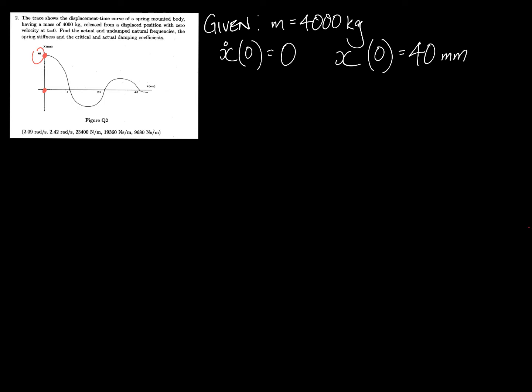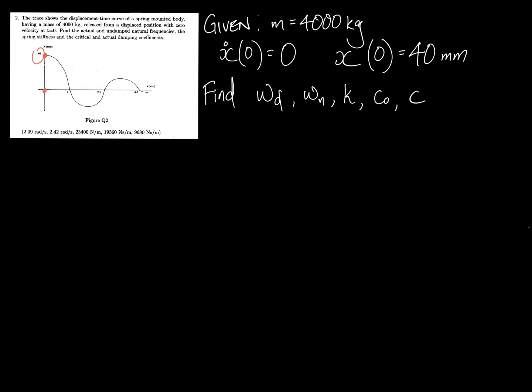Okay, we are asked to find the actual natural frequency, which we put with a subscript d for damped natural frequency. Omega n, which is the natural frequency of the system. The spring stiffness, the critical damping coefficient, and the damping coefficient C.